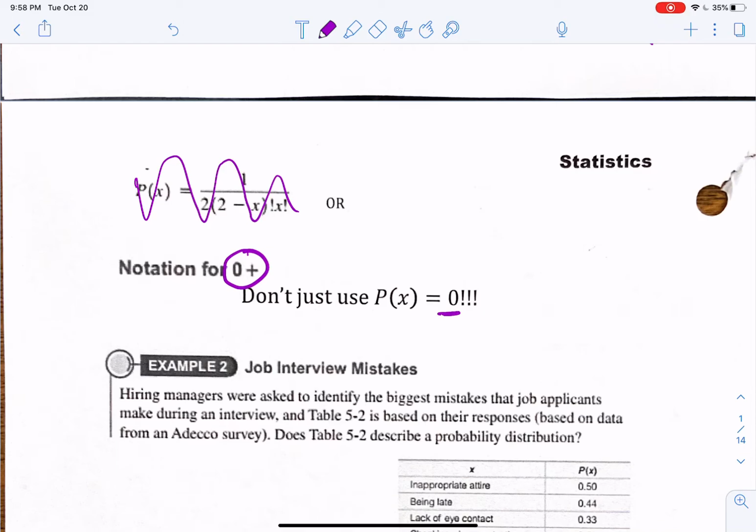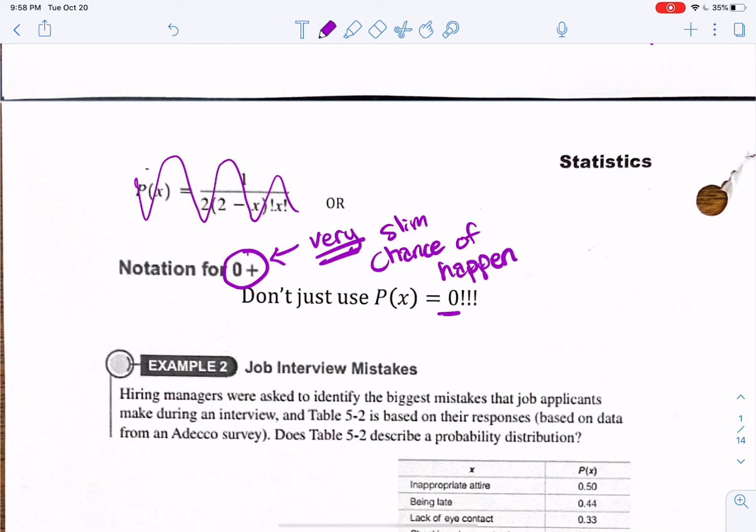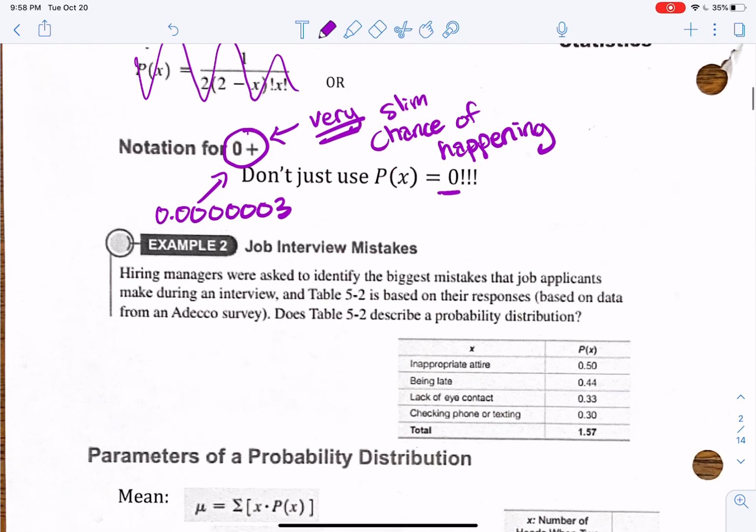That just means that it's not going to happen very often. Very slim chance of happening. Numbers that would be counted in this category would be like 0.0000003 maybe. So that would be a 0 plus as a probability, okay?